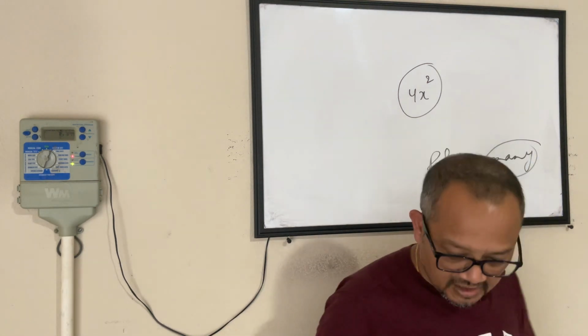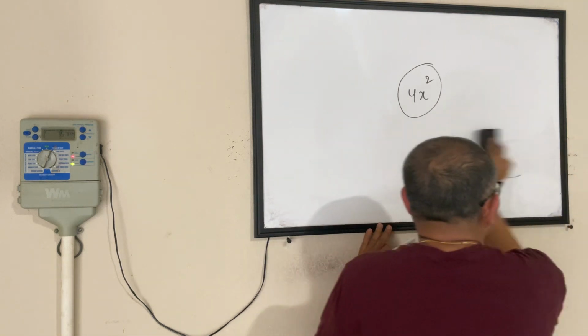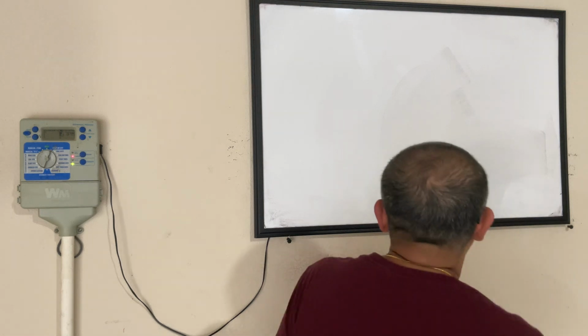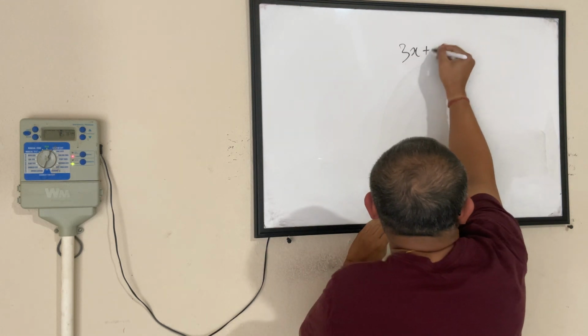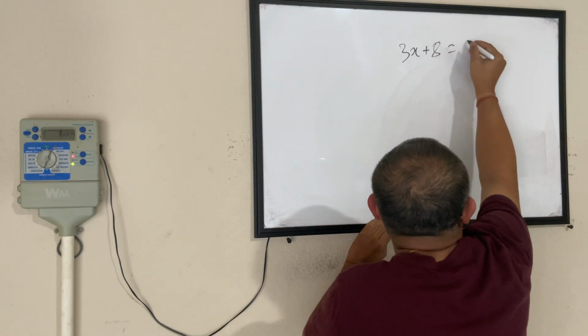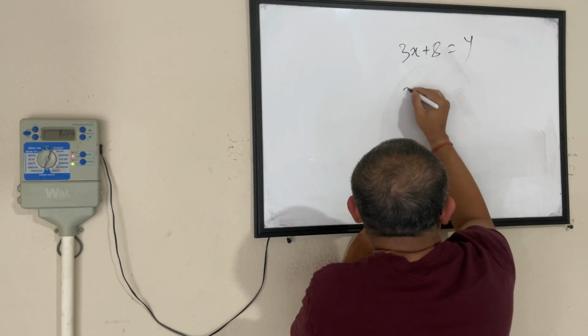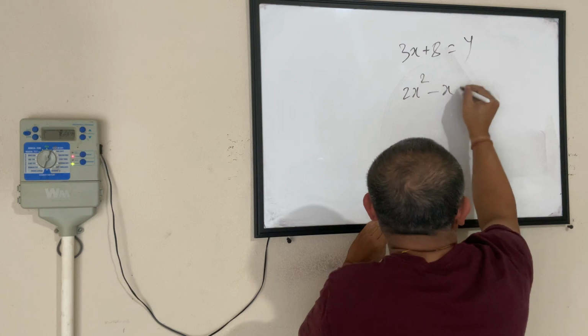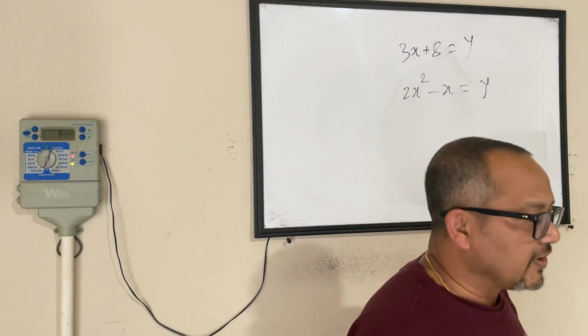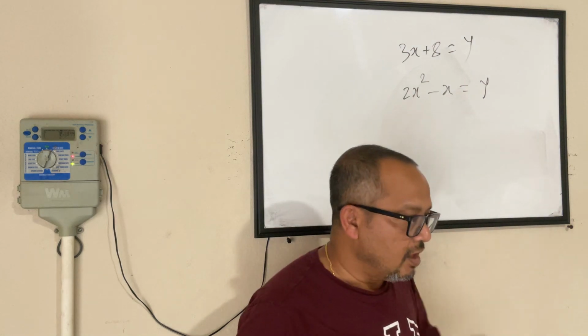Alright, so now let's look at some interesting facts. If I say 3x plus 8 equals y, and 2x squared minus x equals y, first of all, tell me what is the difference between these two?